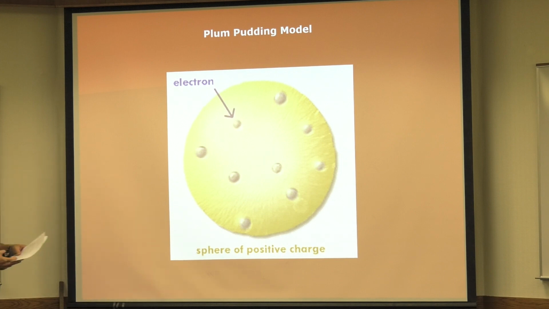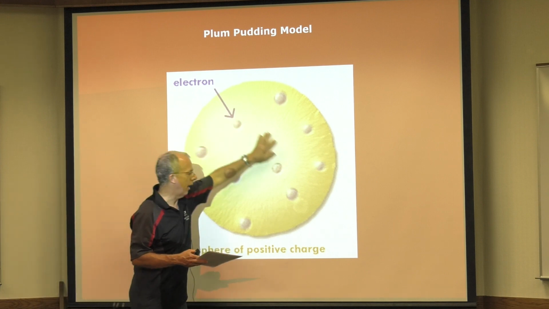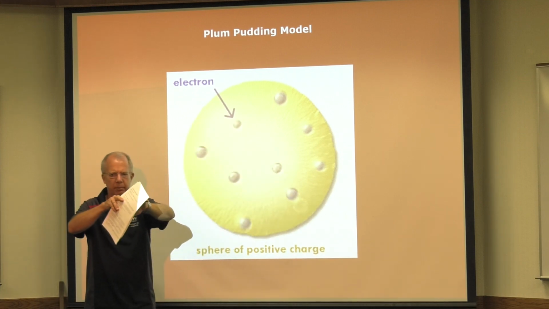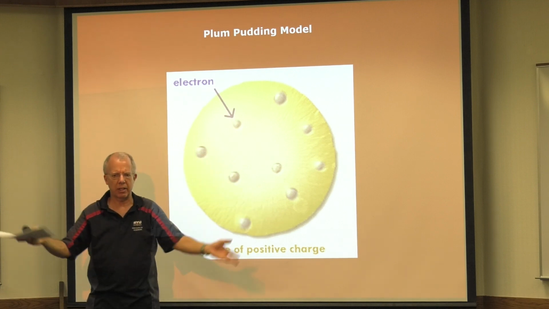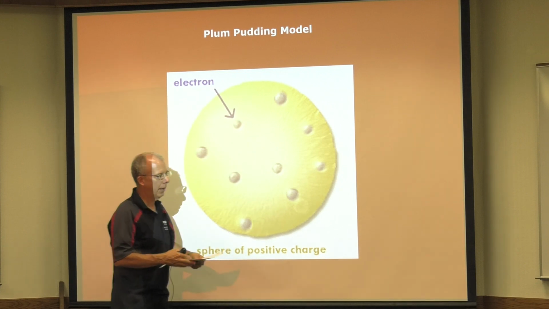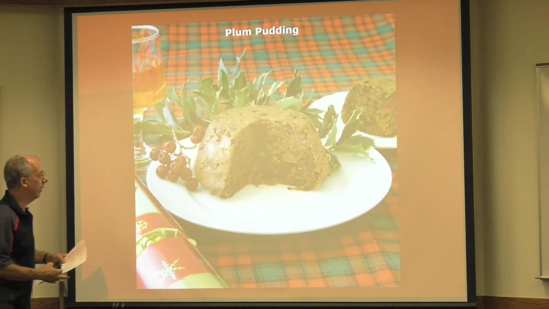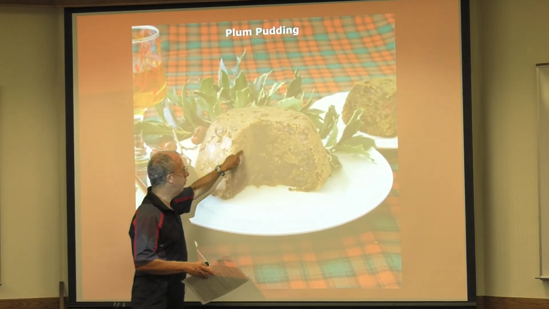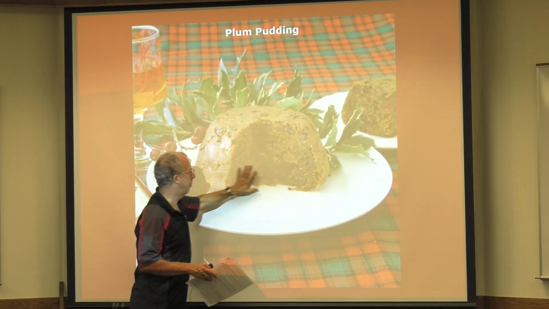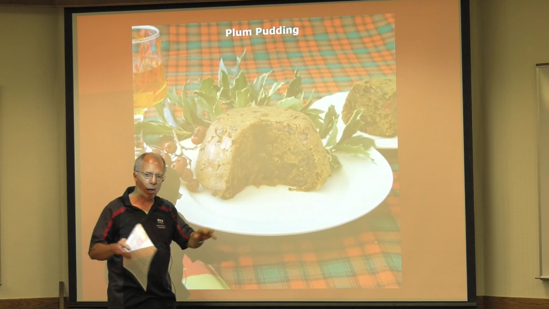And so what they said was, you had this sphere, right? And you had all this positive charge smeared out all over the place, but you had these little negative guys here and there. So that's what I mean. Look at the plum pudding. Just imagine that the pieces of fruit are like the electrons, and then the bready pudding stuff is like the positive charge.